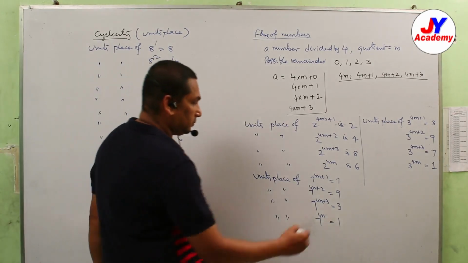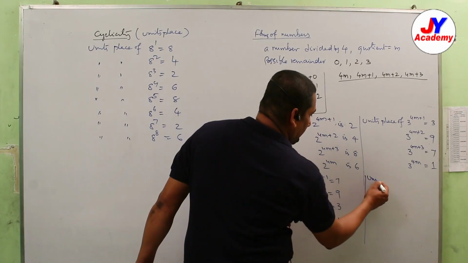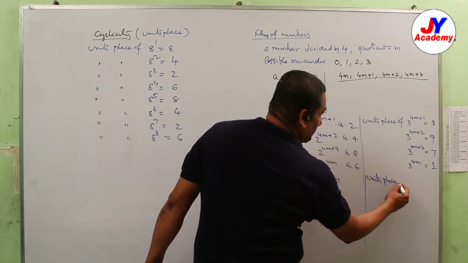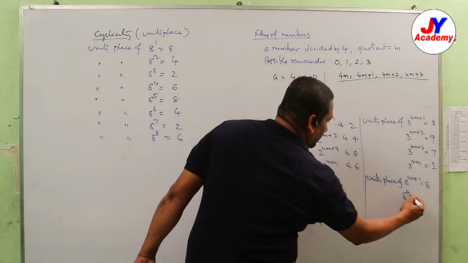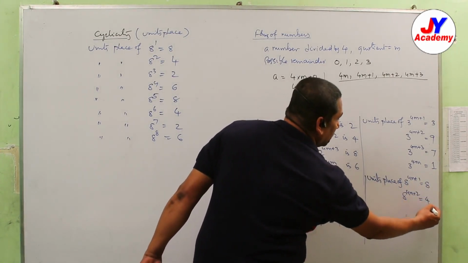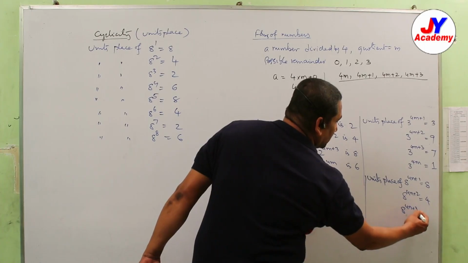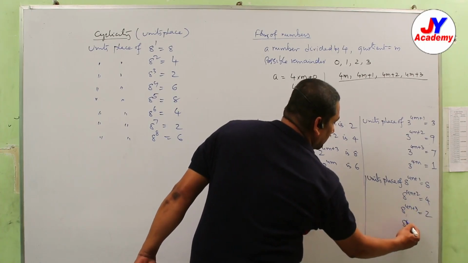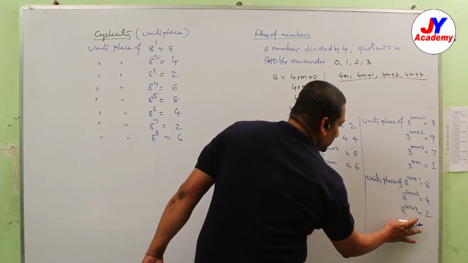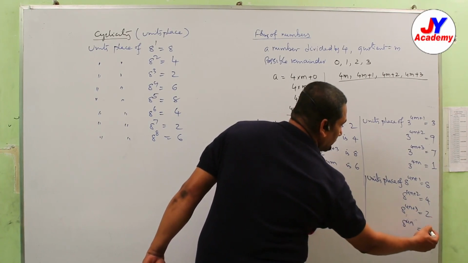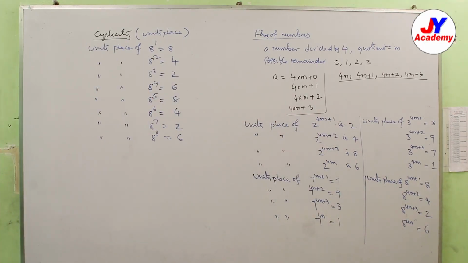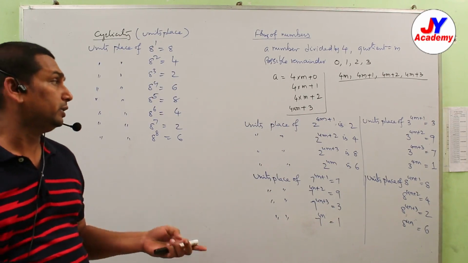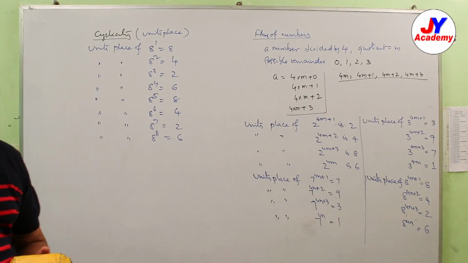So the units place of 8 power 4n plus 1 is 8, 8 power 4n plus 2 is 4, 8 power 4n plus 3 is 2, and 8 power 4n is 6. Okay, that is the units places of 2, 3, 7 and 8.